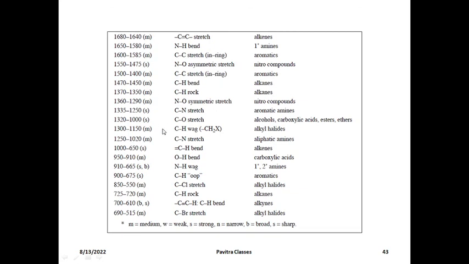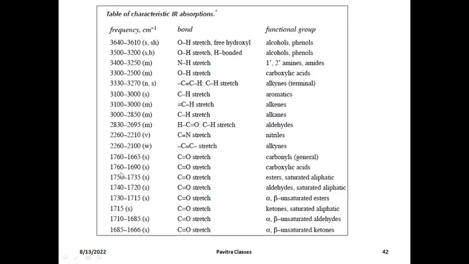Structure elucidation can be done, so this range is very important. CH aromatic, CCl stretch in alkyl halides 850 to 500, medium peak can be seen. CH rock in alkanes 700 to 610, alkynes, like this. These are the ranges for particular bonds and functional groups.